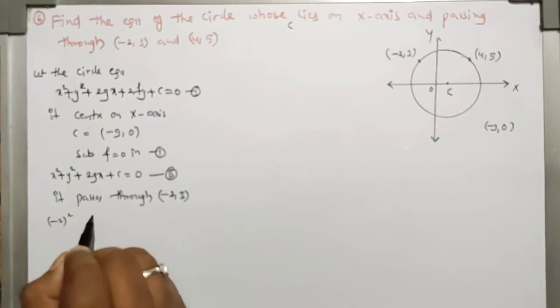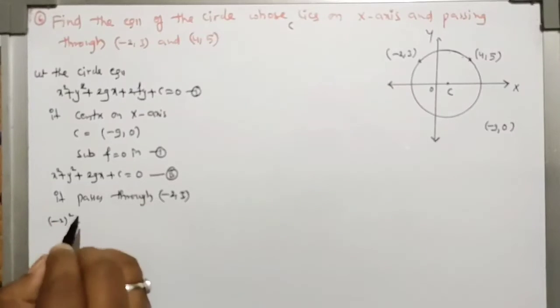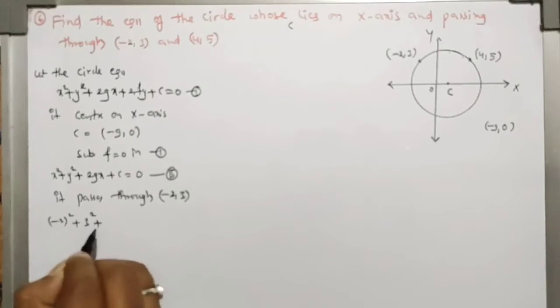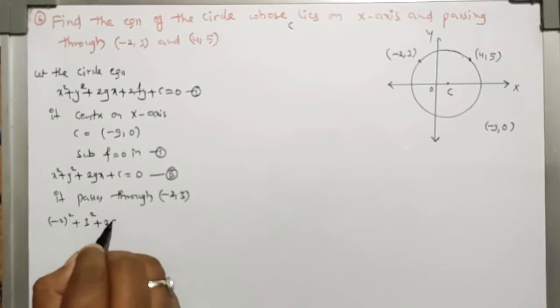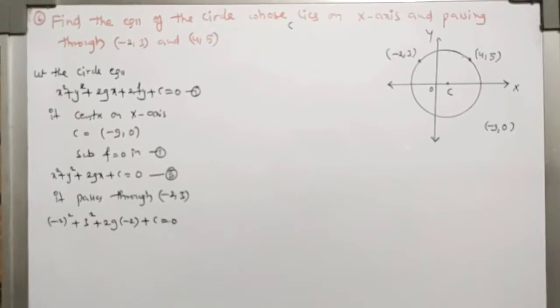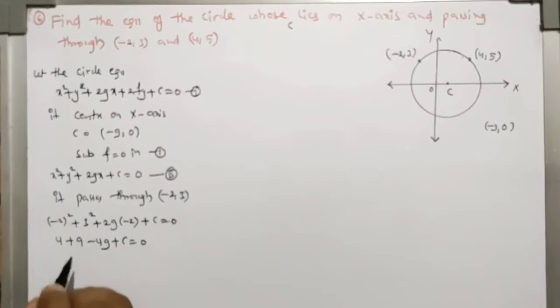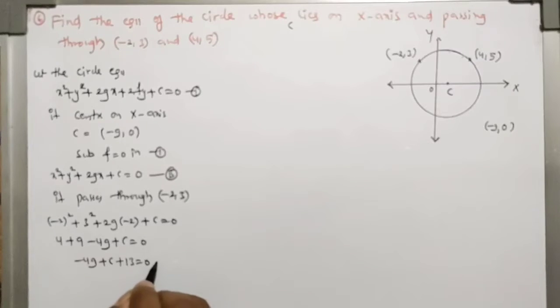That is minus 2 whole square plus 3 square plus 2 into g into x value, which is minus 2, plus c is equal to 0. So 4 plus 9 minus 4g plus c is equal to 0. Then we get minus 4g plus c plus 13 is equal to 0.